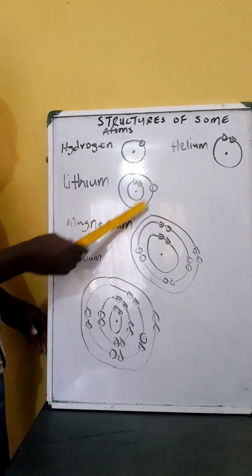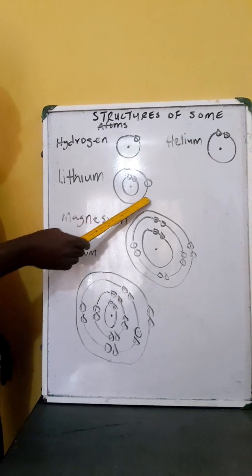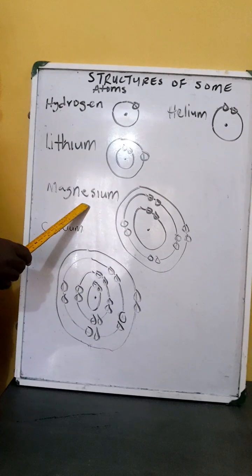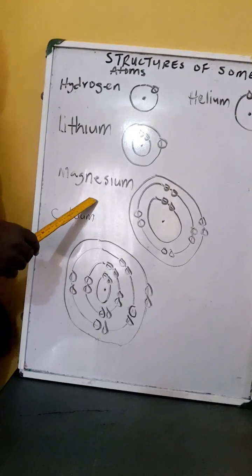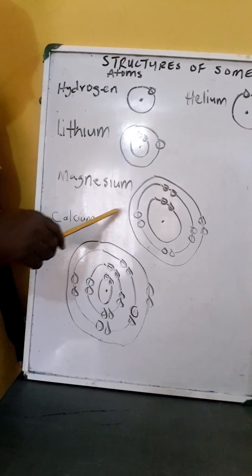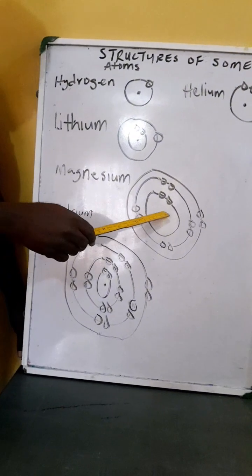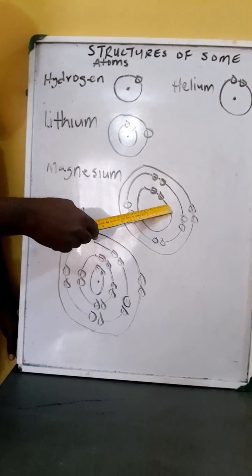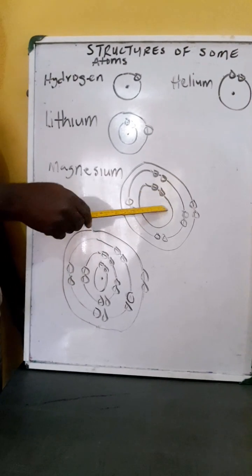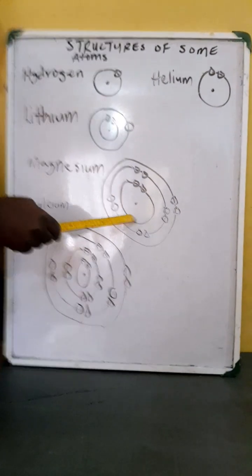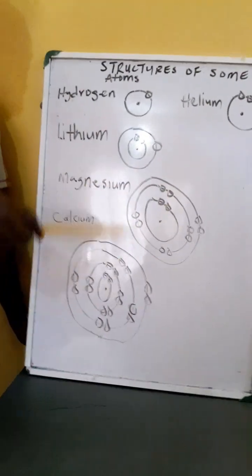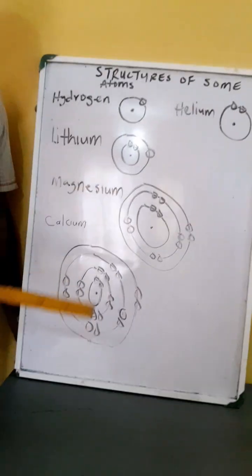Then after lithium, which has 2 energy levels or 2 shells, I increase it to 3. Magnesium is the 12th element. It has atomic number 12. This is the closest shell, the shell that is closest to the nucleus. It has only 2 electrons revolving around it. After that, you have the second shell. The maximum number of electrons which the second shell contains is 8.